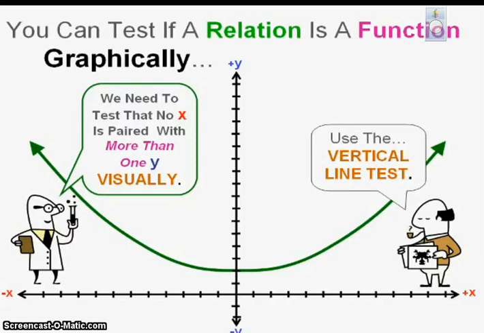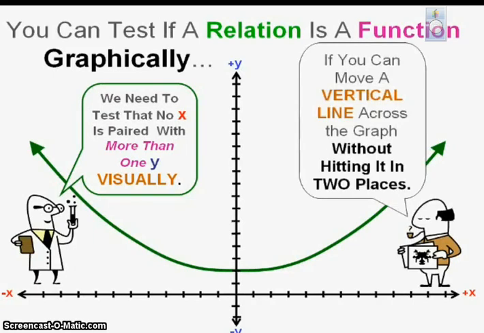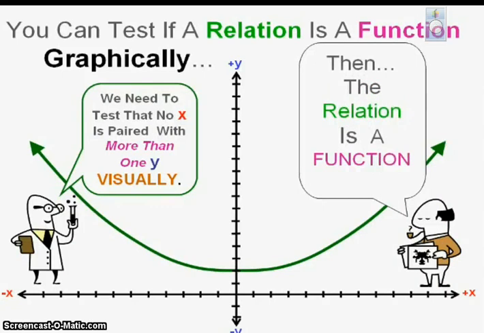If we run a vertical line across the graph and it never touches more than one point at one time, in other words, if we move a vertical line across the graph without hitting that actual green graph in two places ever, then in fact, we do have a function, and in this case, we do have a picture of a function. No x got mapped with more than one y.